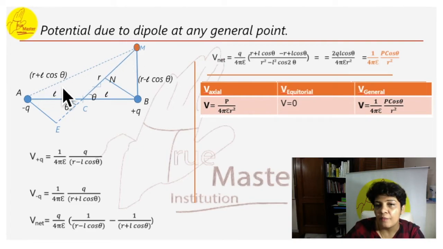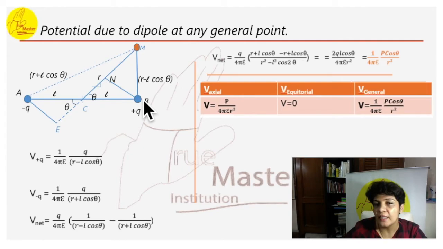Now, to take out the value for MB. Here again we will draw a perpendicular from point B to this point here, and we will name it as N. Now the line MN is equal to MB. If we know the value for MN, then we will know the value for MB, since they are isosceles triangles and this will be equal.